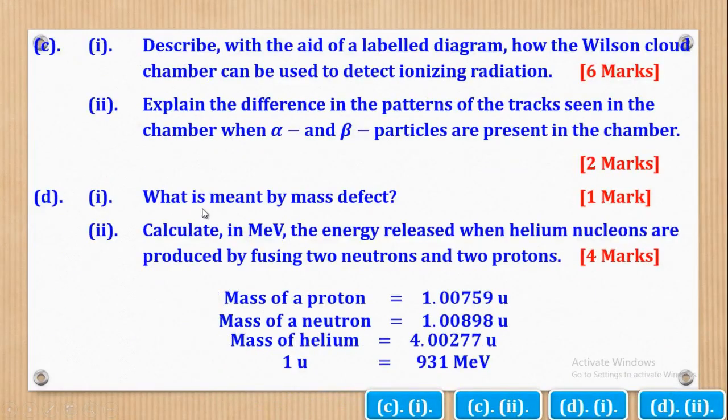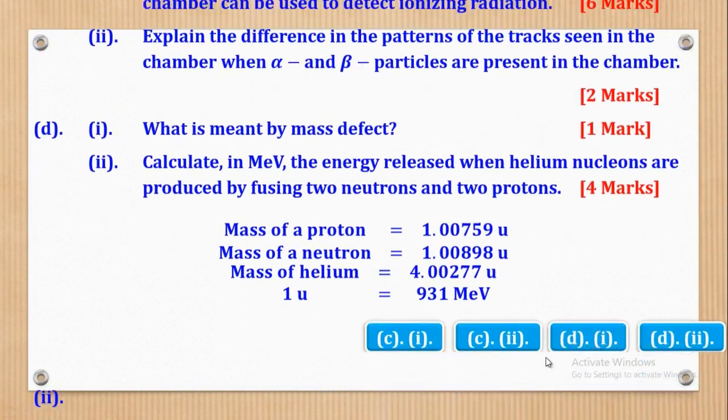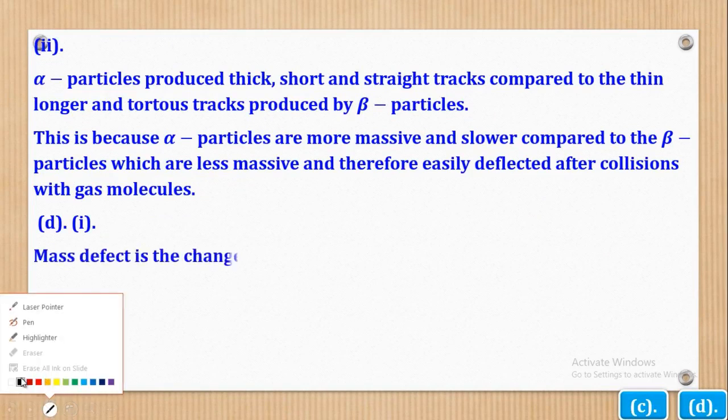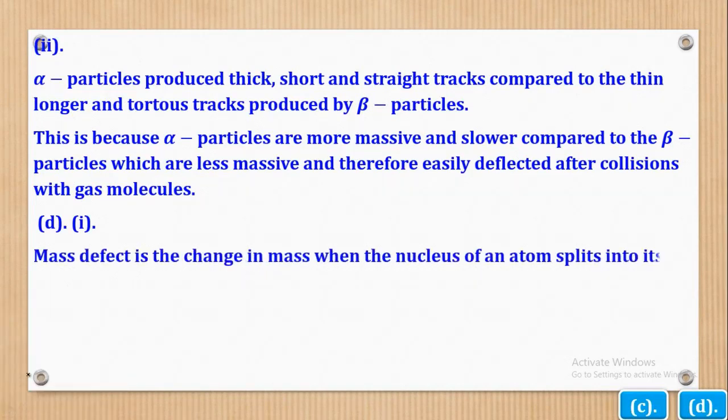So part D, Roman 1 says, what is meant by mass defect? So mass defect is the change in mass when the nucleus of an atom splits into its constituent particles.